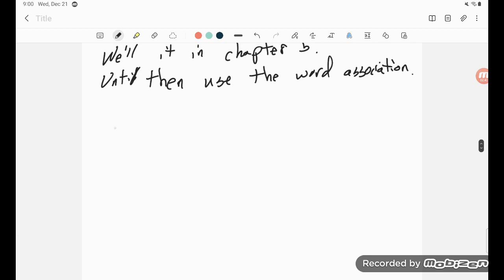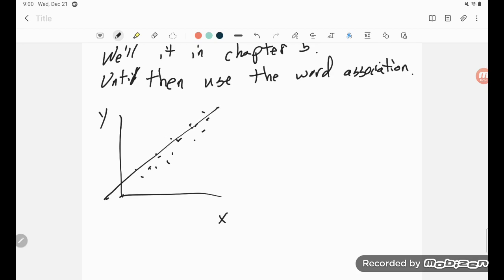And so, again, the idea is, here's an x variable, here's a y variable. If it looks like this, I would say, oh yeah, that looks like a straight line relationship.